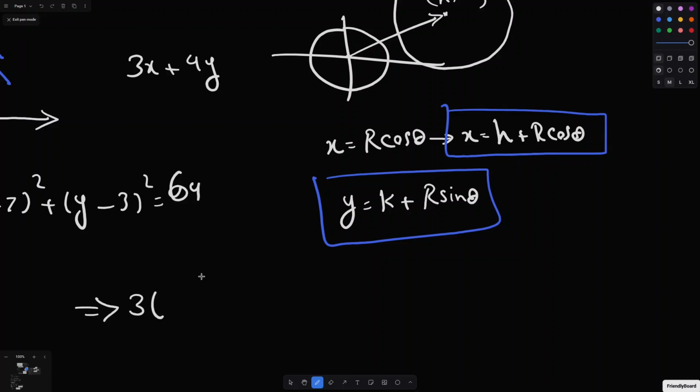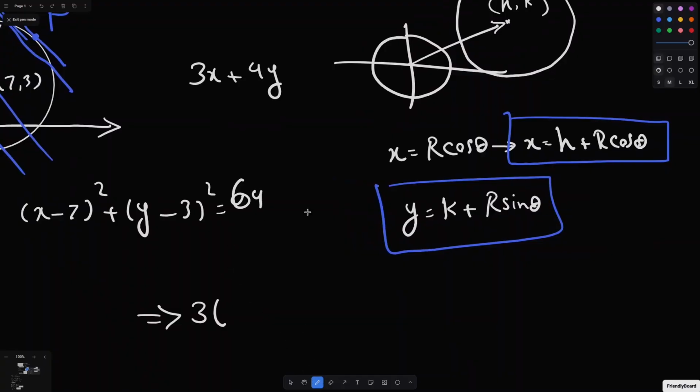So you have 3 times our x, which is h plus r cosine theta. Remember, h and k are just the shifts of the center. So for x, it's going to be 7 plus 8 cosine theta, plus 4 multiplied by y, with our k being 3, so 3 plus 8 sine theta.